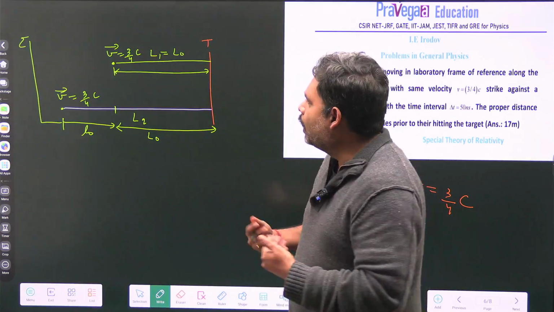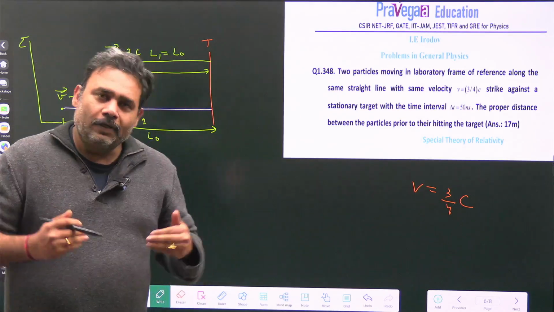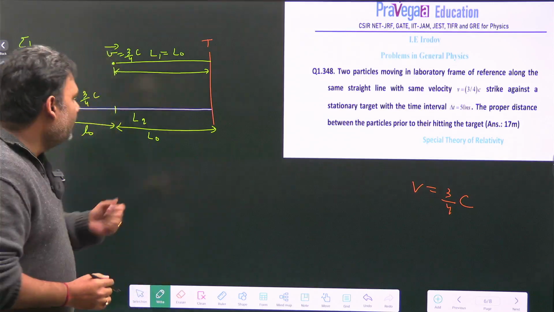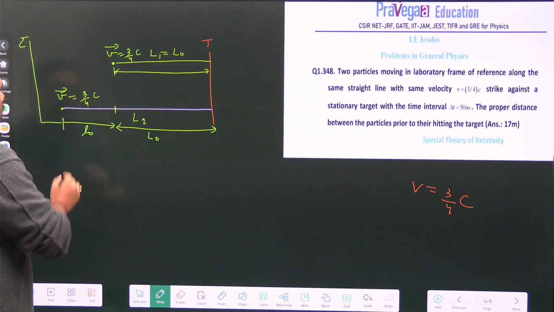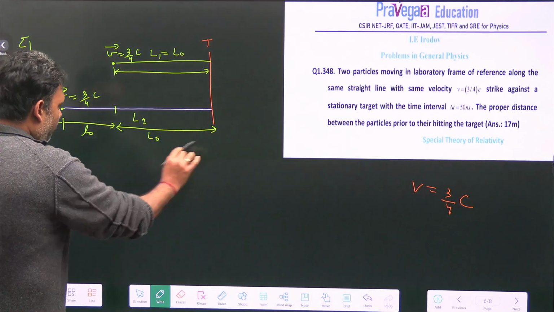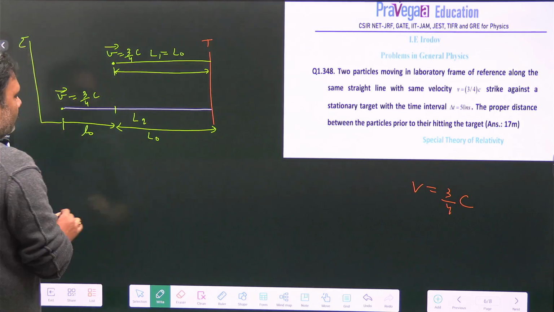Now how will we write all this? We will write the kinematic equation. What is that kinematic equation? For this particular particle, let's say particle 2, the complete proper length is equal to L naught plus small l naught.